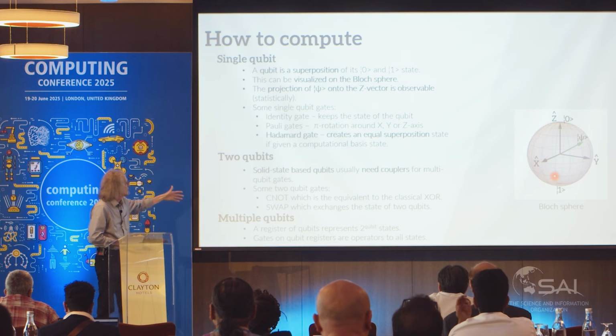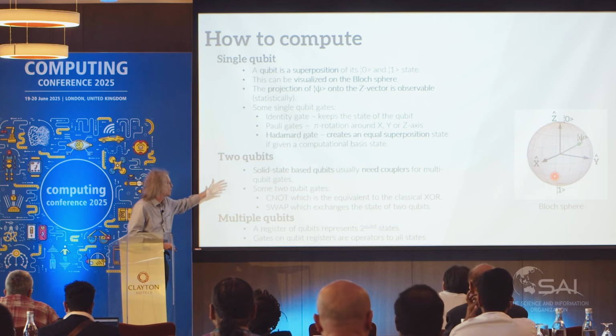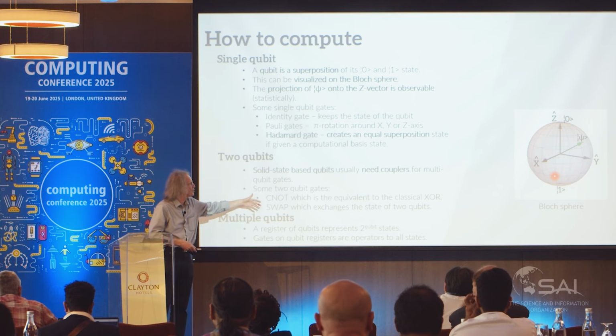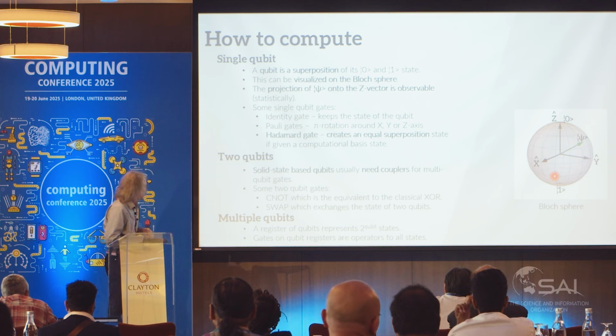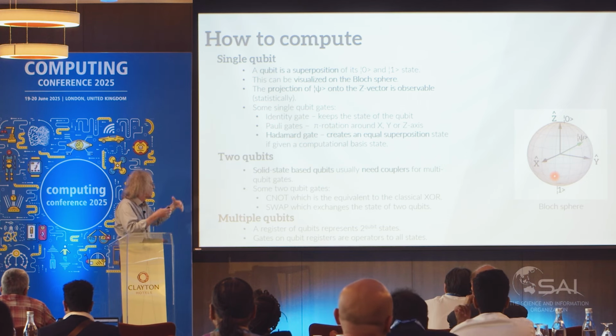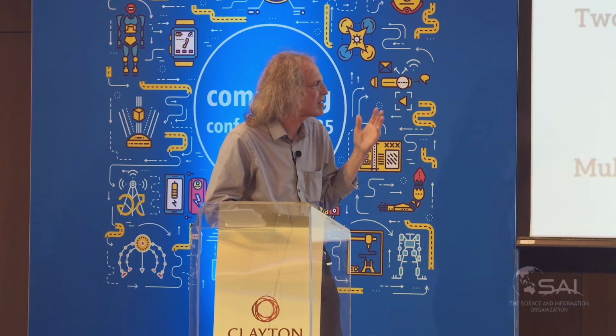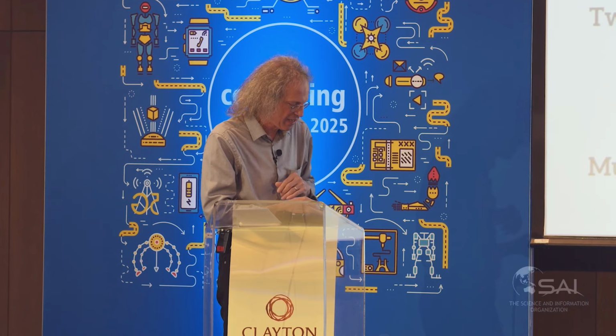And of course, with more qubits, you can do CNOT and swap. CNOT is actually the XOR that we know. And then if we have multiple qubits, then of course all the superposition ends up in this huge state space, which can then be accessed in this generalized or parallelized way, which is on one side a strong point of quantum computing.